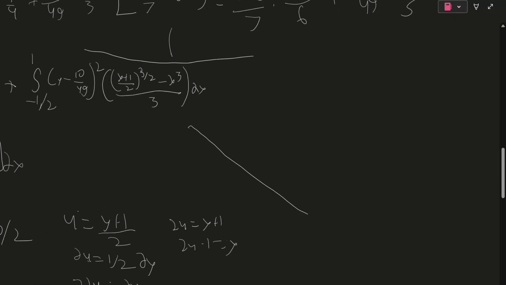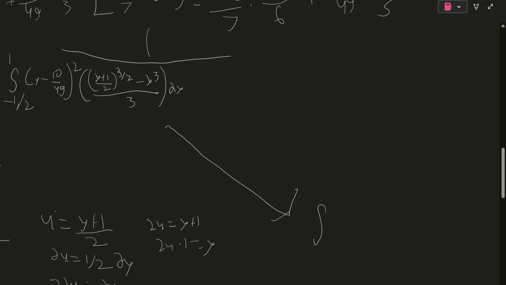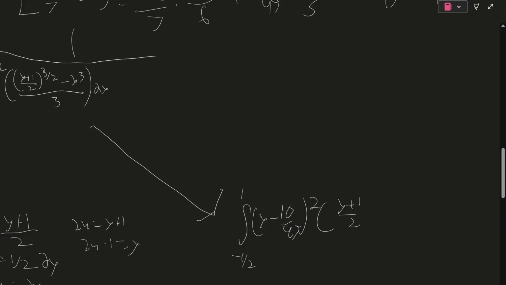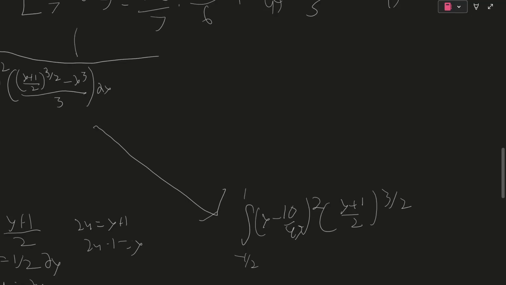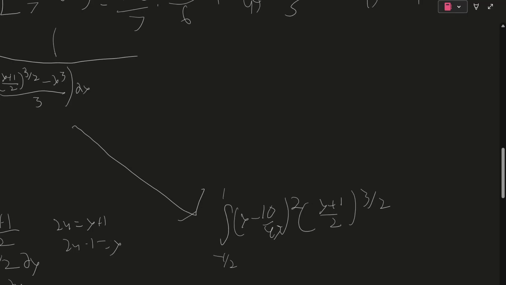So we'll bring this right over here. Integral from -1/2 to 1 of y minus 10/49 squared times y plus 1/2 to the 3/2 minus y cubed, and this is all over 3.